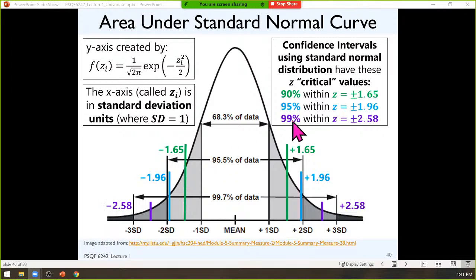And if you want to be really, really certain, like you are unwilling to flag something as being unexpected, you want to be really conservative, then 99% would give you 0.5% of the time on the right and 0.5% of the time on the left. So these are cut points that we will use to create intervals around our sample statistic that describes the expected range across samples, known as a confidence interval.